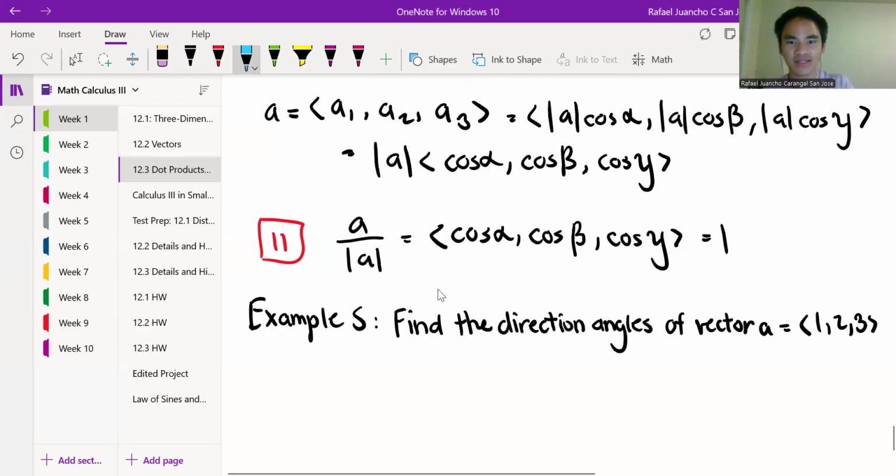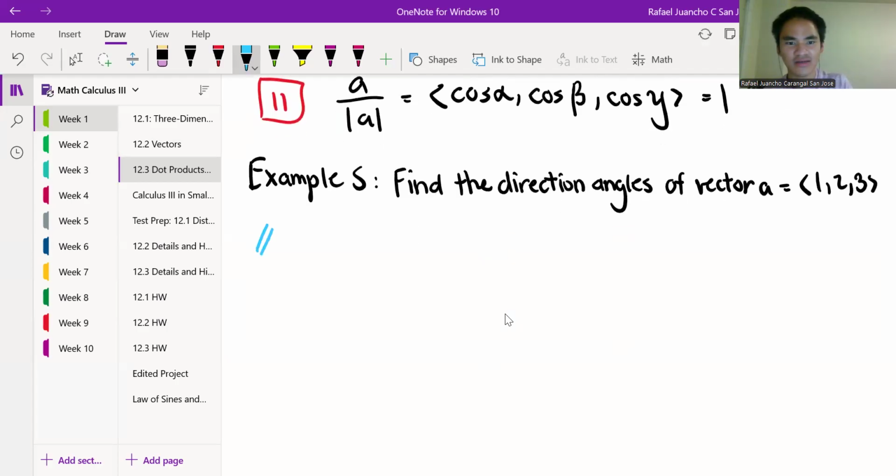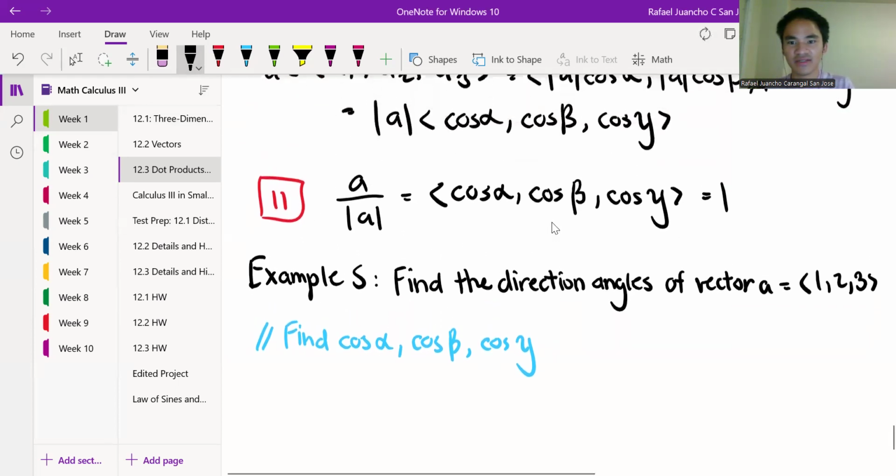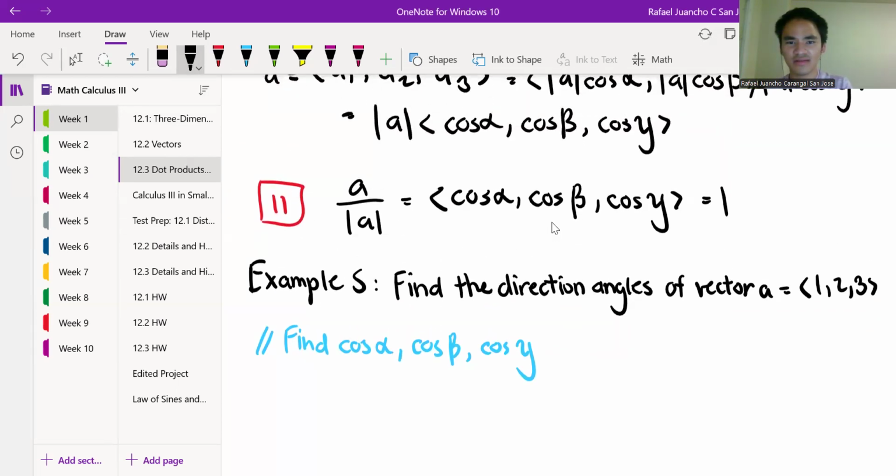So the idea here basically is to find the direction angles. So we want to find cosine alpha, or direction cosines, right? Cosine beta, cosine epsilon. So how do we do that? Well, we have a formula here that can actually help us find it.